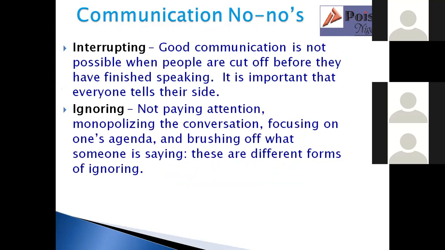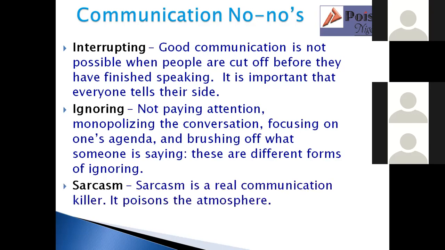So again, we should not always ignore conflicts, because when we ignore conflicts, we won't pay attention to details. We monopolize the conversation. We focus on only one agenda and brush off what someone else is saying. So let's not always ignore. Let's listen to others. Let's not interrupt others when they are expressing their views. Let's listen to other people's point of view and also understand why they're making that point of view.